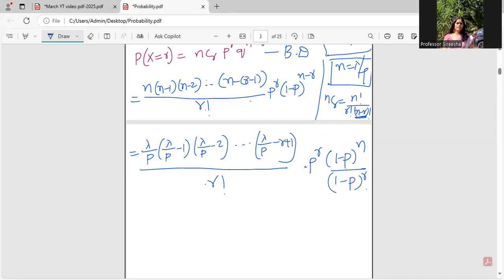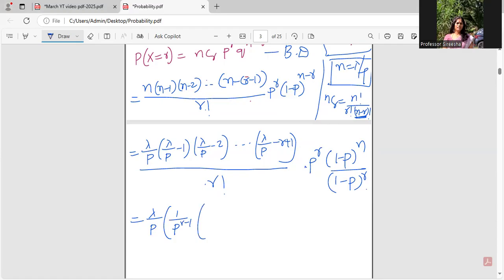Now, if you take out all the p's common, how many p's will come? Lambda by p is anyways there. If I take p common, then in the first term I'll have 1 by p, the second term also 1 by p, till r minus 1. So p power r minus 1 p's will be there.